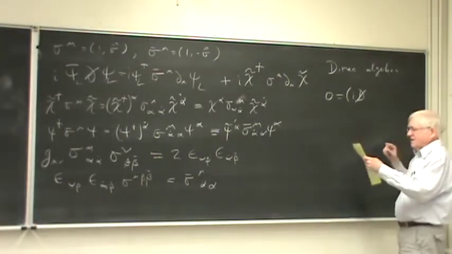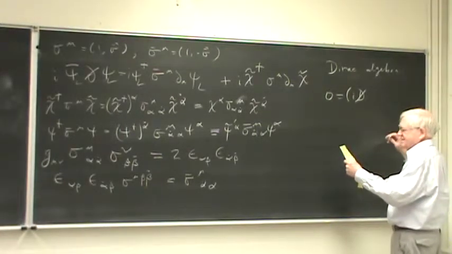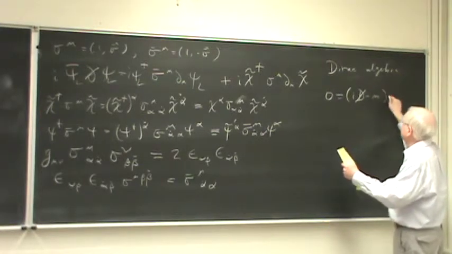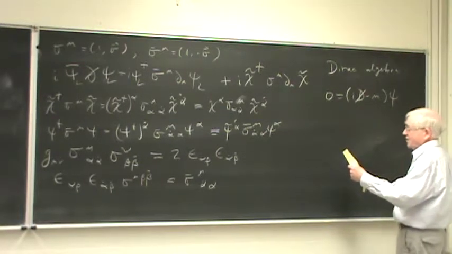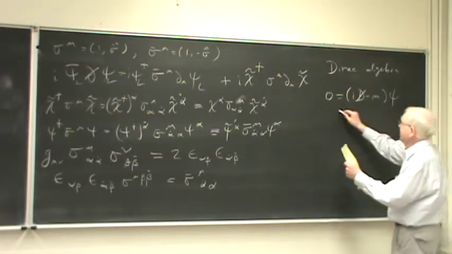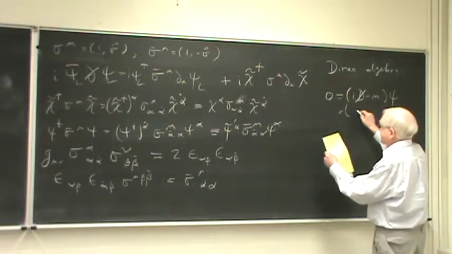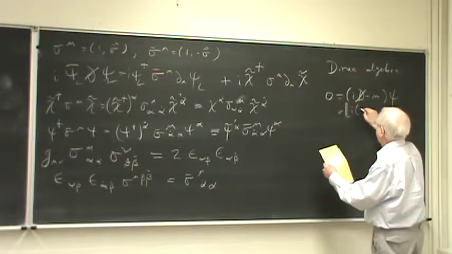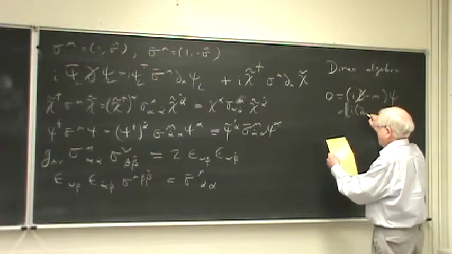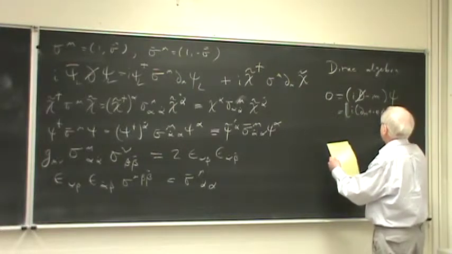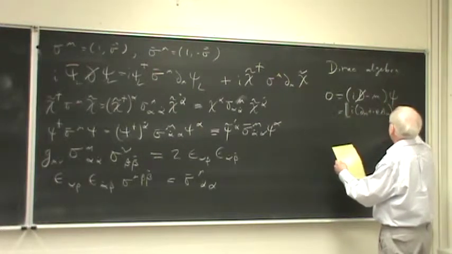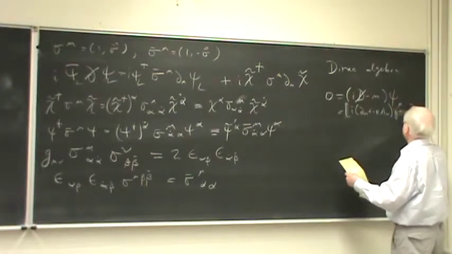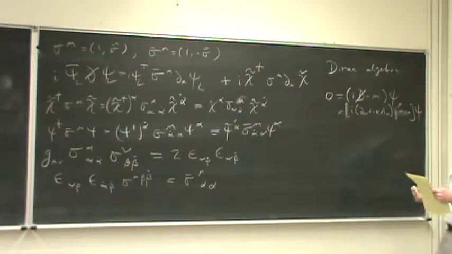The fermionic part of the Lagrangian for QED, or Dirac's equation for QED, is simply this: (γ^μ (∂_μ + i e A_μ) − m) ψ = 0.